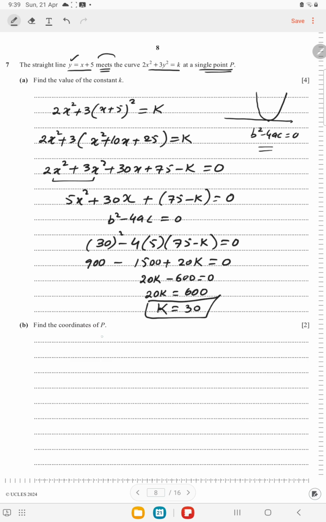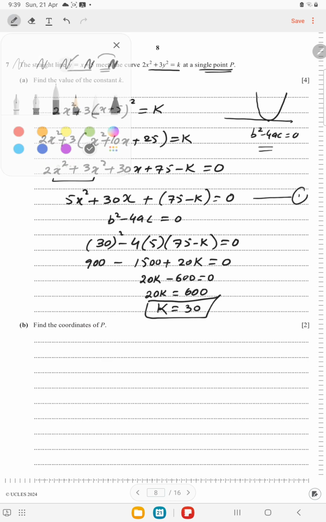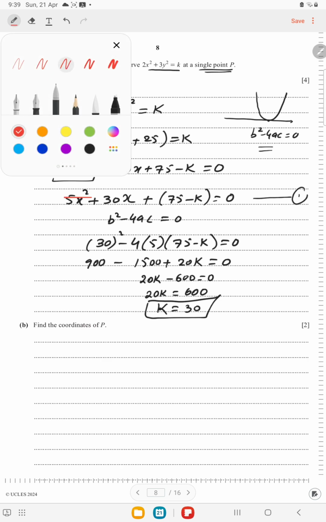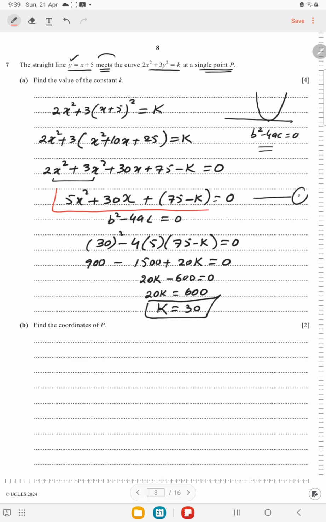Now it's given to find the coordinates of the single point p. For this you have to replace the value of k here in this. Let me change the color to highlight this. We have to replace the value of k here, and then we will solve it. We will get the coordinates of p, right?